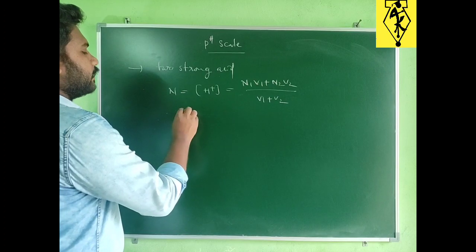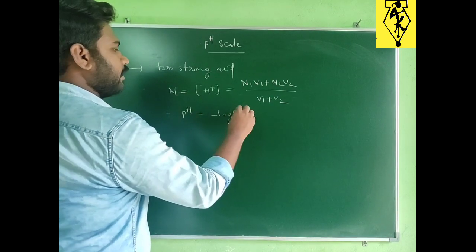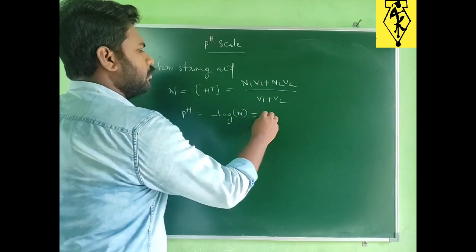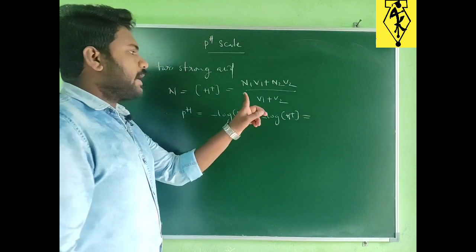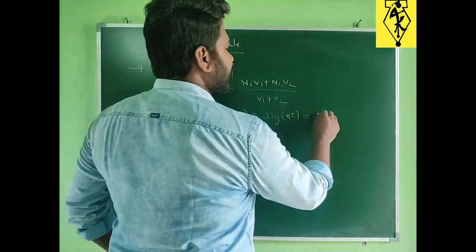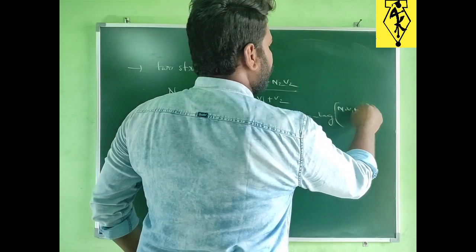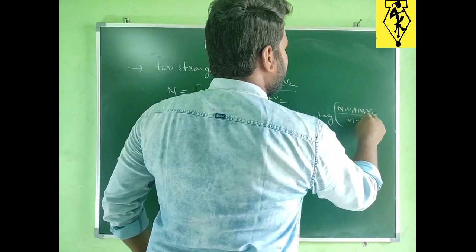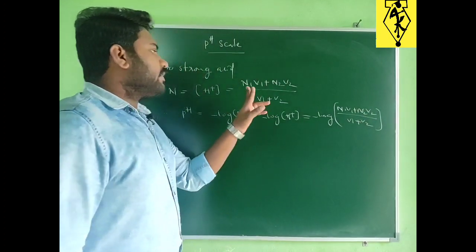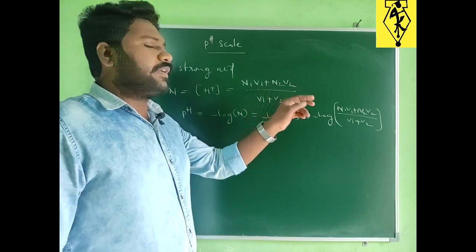The pH is equal to minus log of N, or minus log of H plus concentration, that is, minus log of this entire thing: minus log of N1 V1 plus N2 V2 divided by V1 plus V2. Here N1 is the normality of the first acid and N2 is the normality of the second acid, and V1, V2 are the volumes of the respective acids.